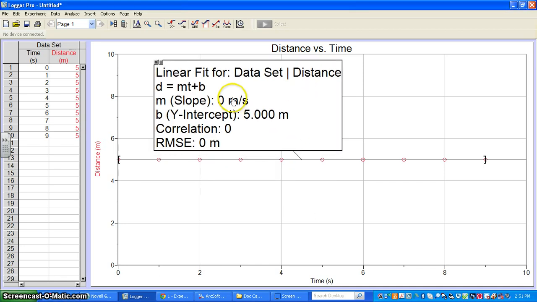We can totally write an equation, except it'll just be distance equals, the slope will be 0, so 0 times time is simply 0. So essentially this whole equation boils down to distance equals whatever b is, which in this case is 5.000 meters, meaning no matter what the time was, the distance the object was at was 5 meters from wherever we were measuring from. It just means that the object was standing still in this case.